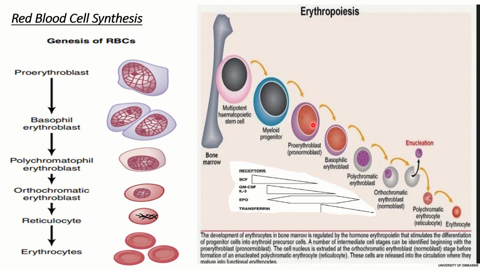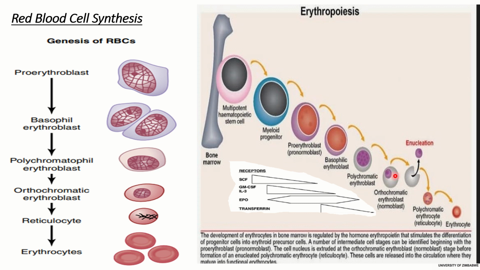So this pro-erythroblast still contains a nucleus, and it further matures into a basophilic erythroblast, which matures again into a polychromatic erythroblast, which then again matures into an orthochromatic erythroblast.